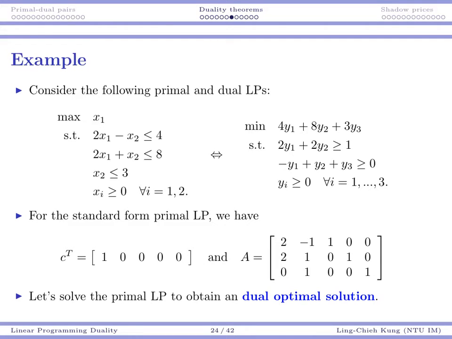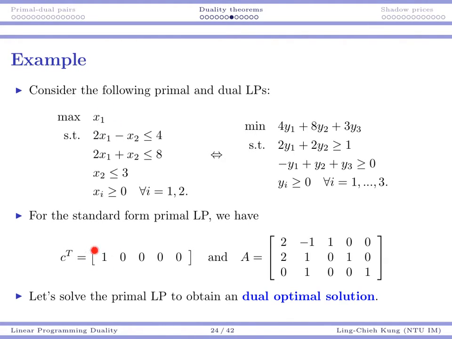So suppose we have a pair of primal and dual programs. You may want to verify that they are indeed primal and dual pairs. And then let's try to solve the primal first. We have the standard form for the primal by adding slack variables and setting them to be non-negative. So I have a C transpose and A here. This C vector is the vector of objective coefficients.